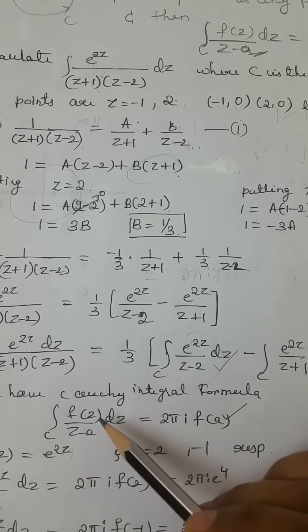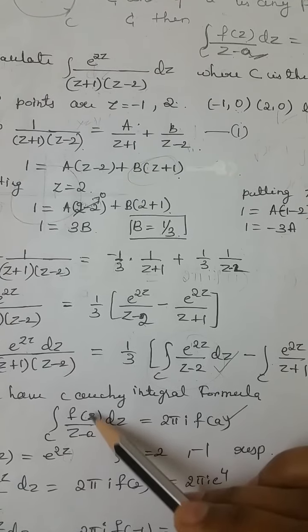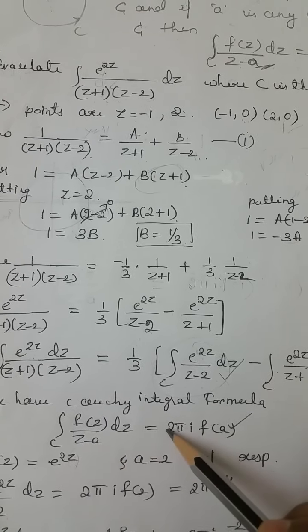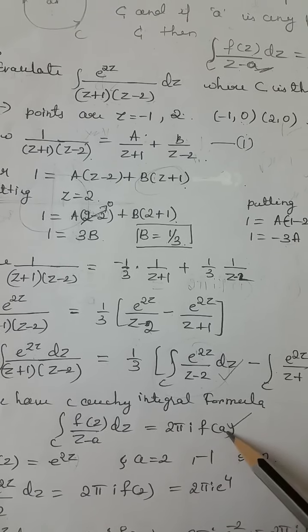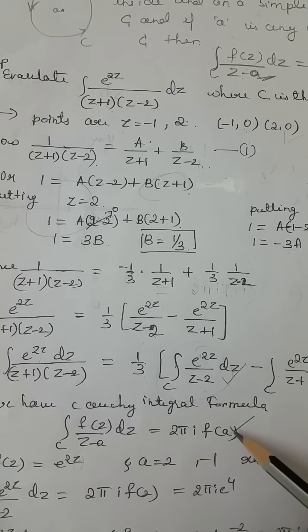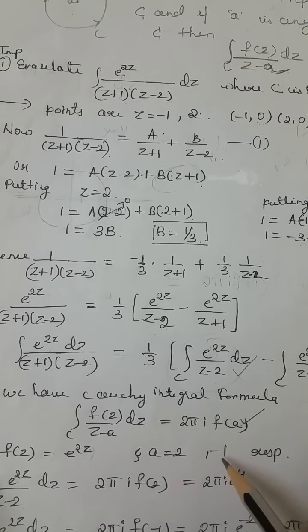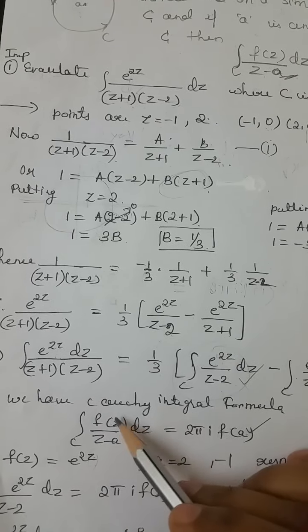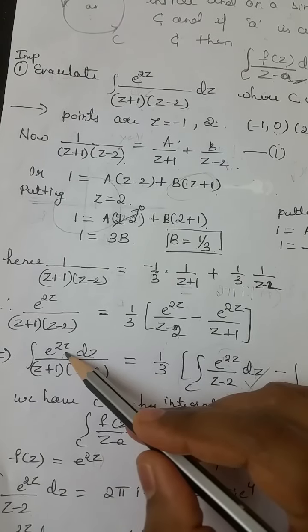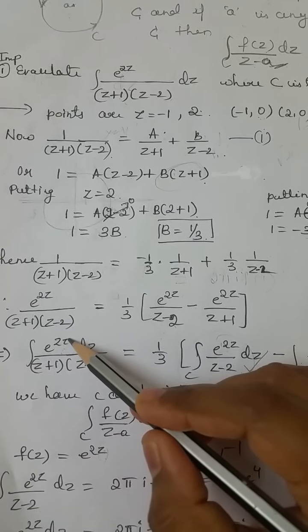First of all, write down the formula. The integral of f of z upon z minus a dz is equal to 2 pi i f of a. Remember, a is the singular point of the given function, that is, I have written a is equal to 2 and minus 1. And what is f of z? It is given in the question, the function e raised to 2z, right?